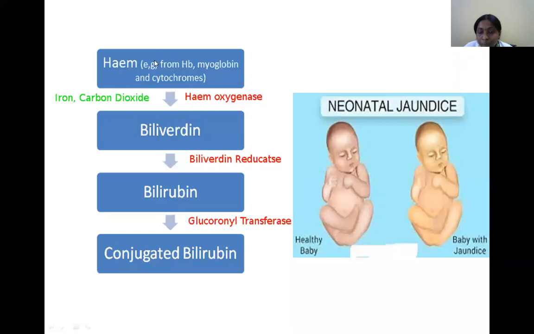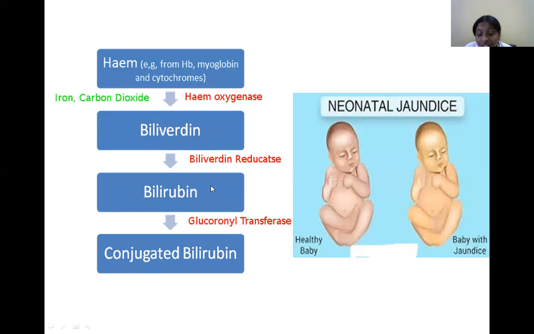Heme, in the presence of heme oxygenase, by an oxidation reaction, is converted into biliverdin. Biliverdin, in the presence of biliverdin reductase, by a reduction reaction, is converted into bilirubin.